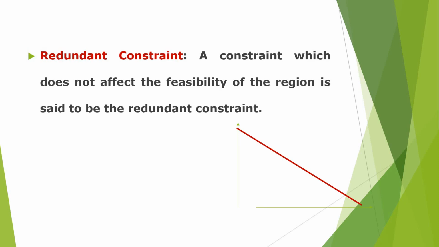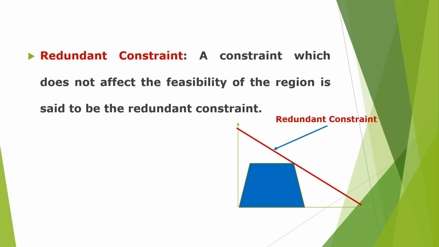It may happen that some constraint does not play any role. A constraint which does not affect the feasibility of the region is said to be a redundant constraint. For example, here we had the feasible region, and we have a constraint which is not playing any role in finding the vertices of the feasible region.